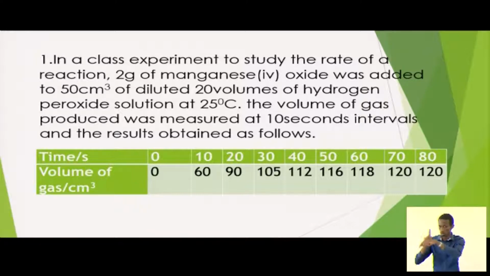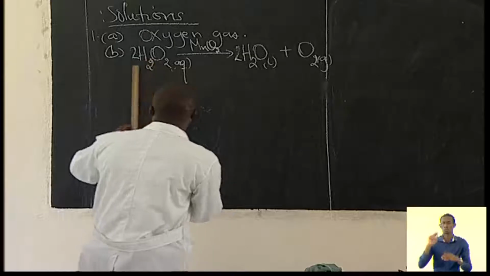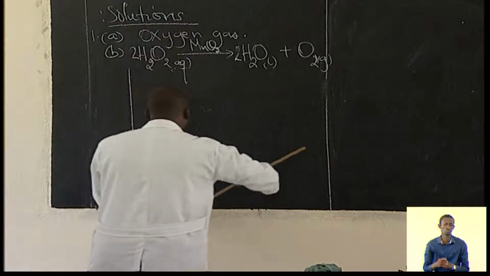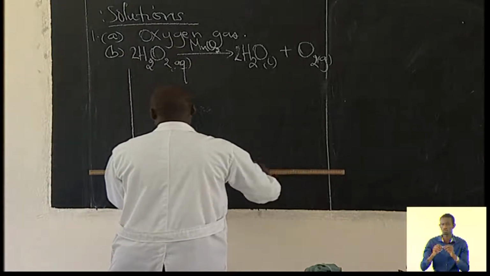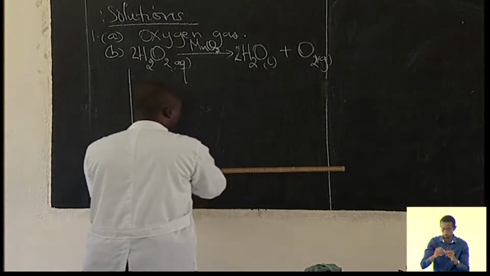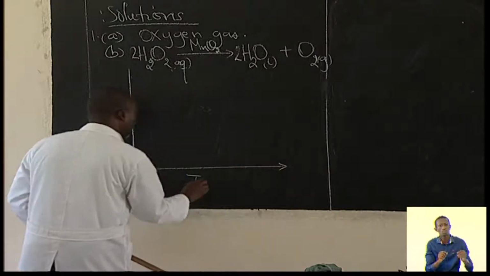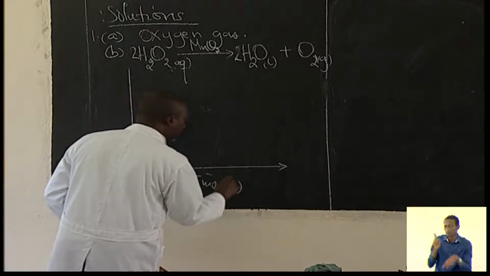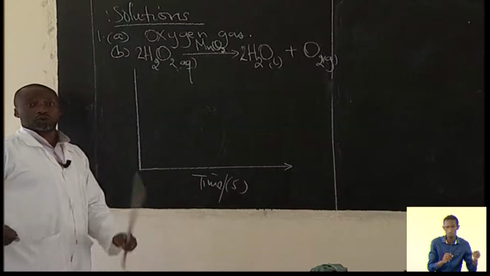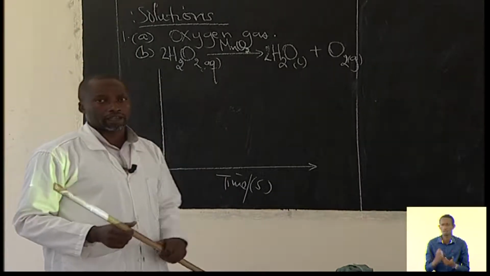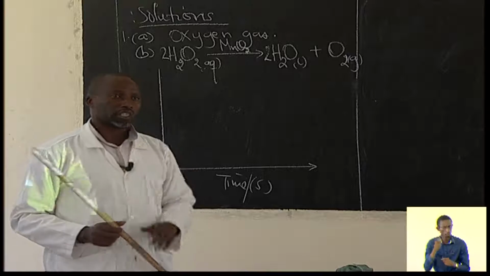So the volume of the gas is on the y-axis, and then you have the time taken, which is in seconds. Whenever you are plotting the graph, there are some important points that you need to remember. Label the scales.